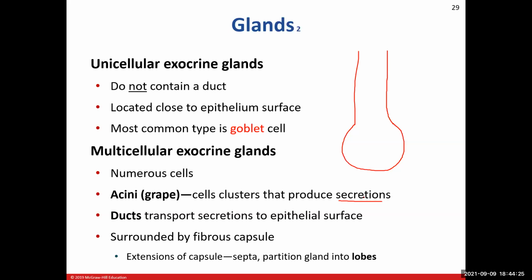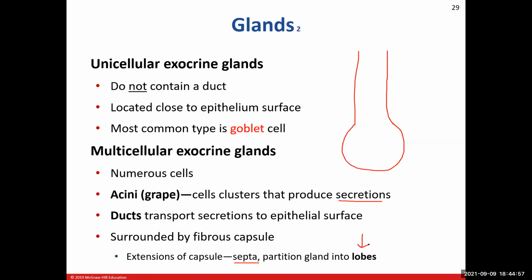Your lymph nodes also have a capsule surrounding them. So glands can have a fibrous capsule, this coating that goes around, and parts of that capsule extend into the deeper portion of the gland. Basically, it makes these little partitions, which we call septa, and the septa section off the gland into what we call lobes, or chunks.